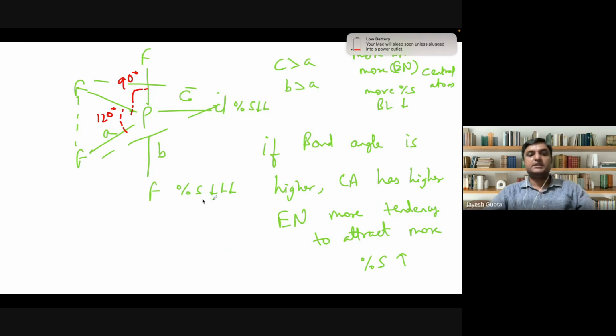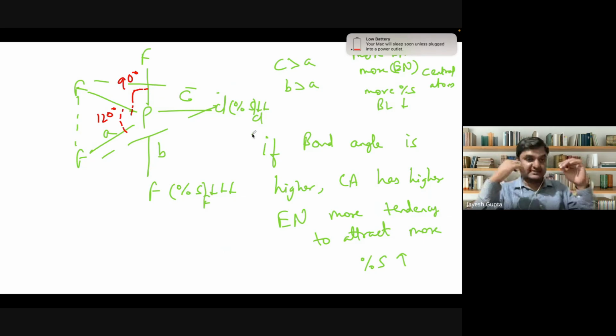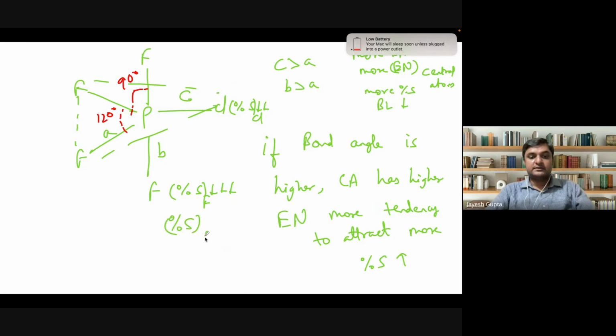Okay, so see here, this is percentage S of chlorine. Higher En goes to the place where percentage S is less. If I talk about percentage S of phosphorus, if it is decreased for fluorine, for phosphorus it will be increased.